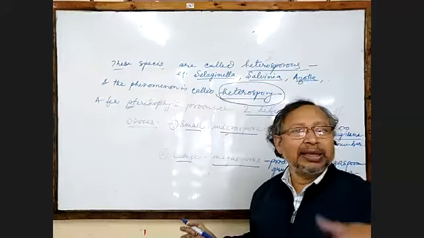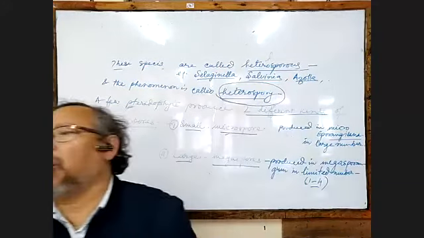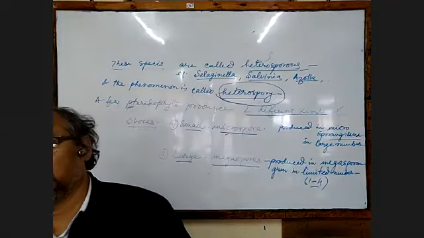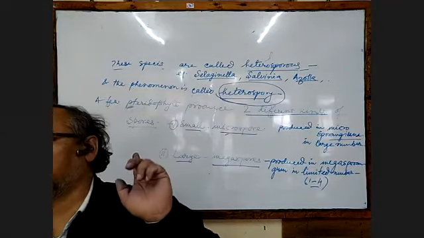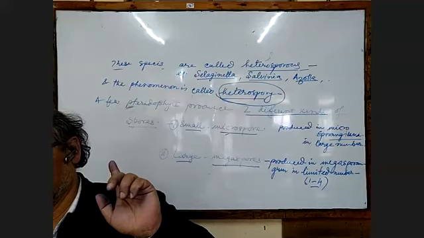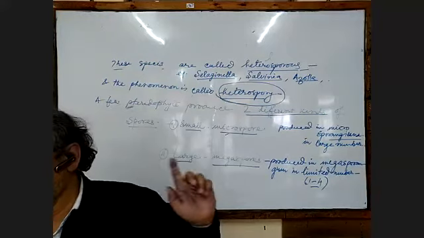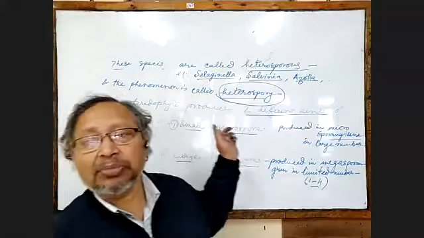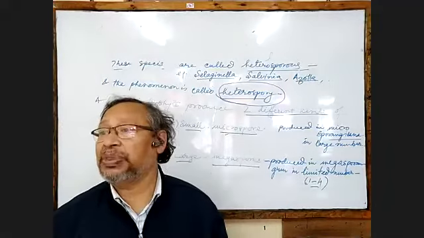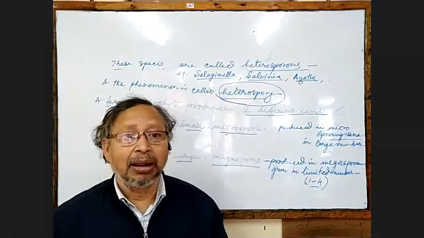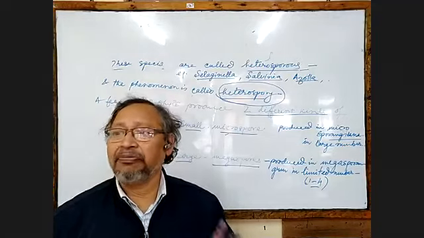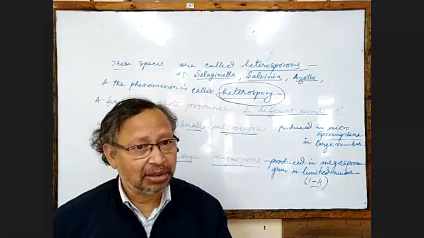In case of bryophytes, all the plants are homosporous. They produce only one type of spore. Okay? But in case of pteridophytes, most of them are homosporous, a few are heterosporous.